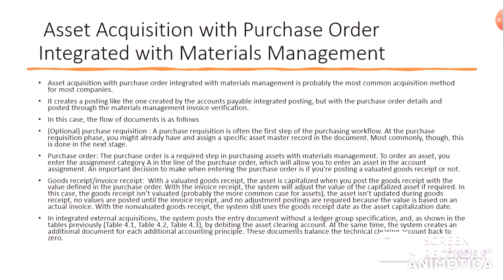So as said here, the system posts the entry document without a ledger group specification, and as shown in the tables, by debiting the asset clearing account. At the same time, the system creates an additional document for each additional accounting principle. These documents balance the technical clearing account back to 0. Let us see.